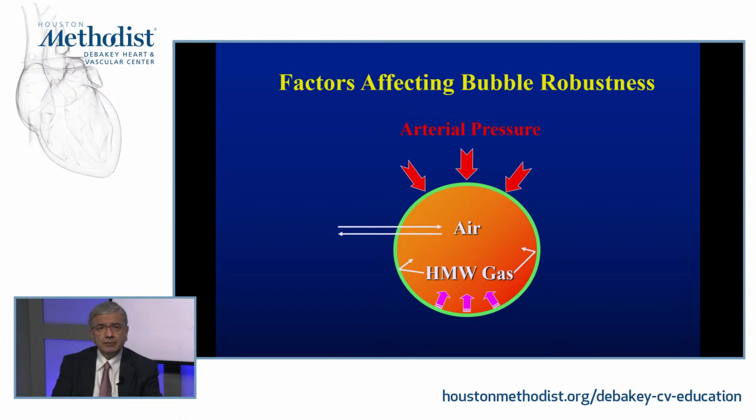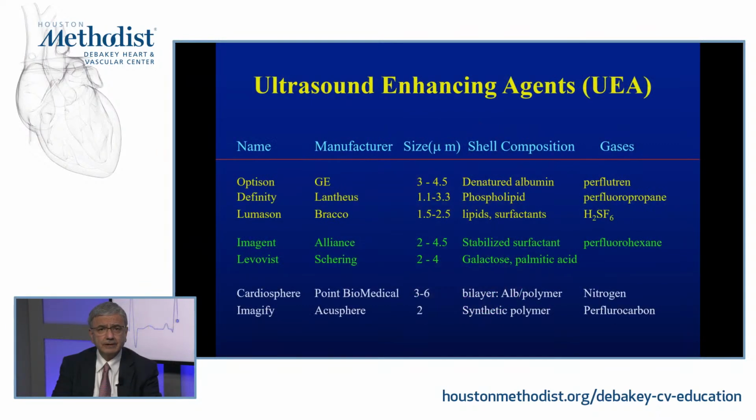And some of these have affected the shell of these tiny microbubbles, what kind of gas the content of this gas is and how robust it is. And all these gases are inert, so they don't have any untoward effects to sustain significant arterial pressure, particularly when you are on the left side of the circulation.